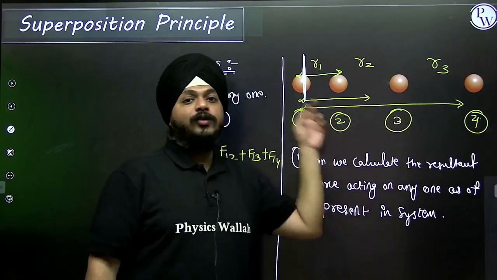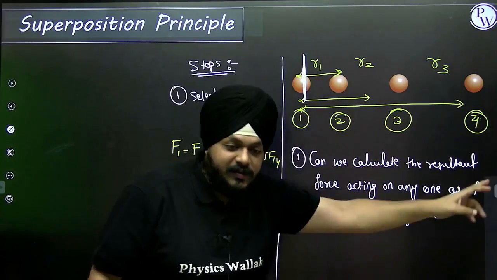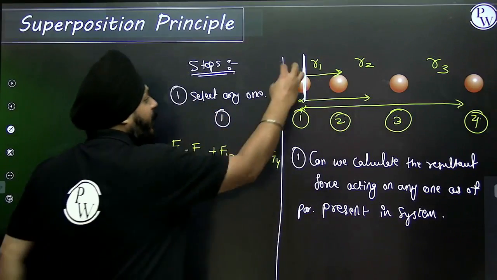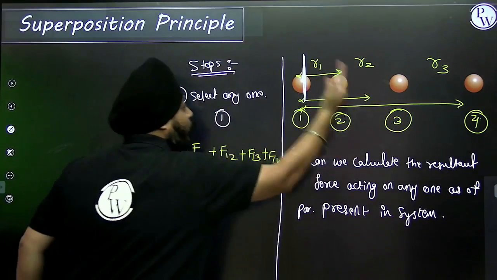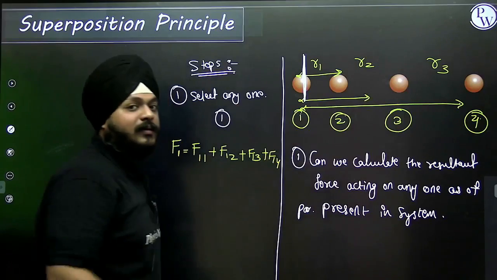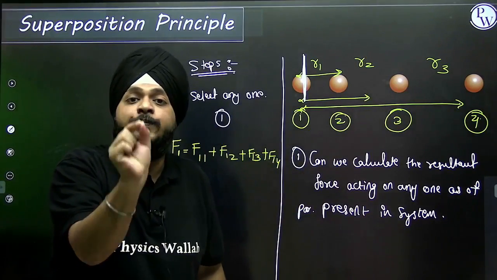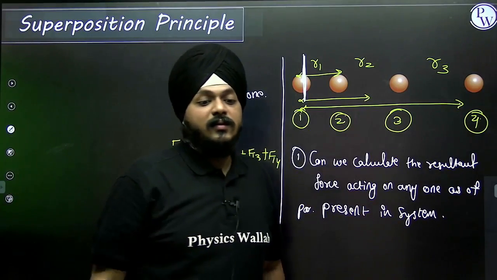Directly we can't use Newton's law of gravitation for all the particles present in the system, but indirectly, if we select any reference particle, any one particle, then we are able to calculate the resultant force of all particles in the system on one specific reference mass.